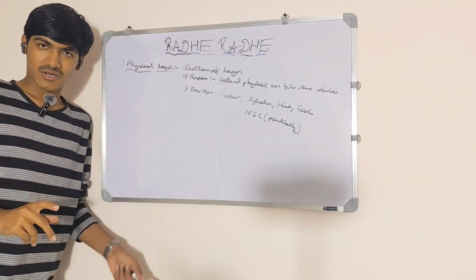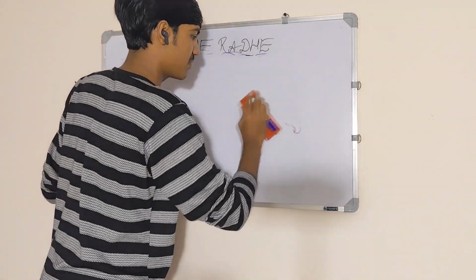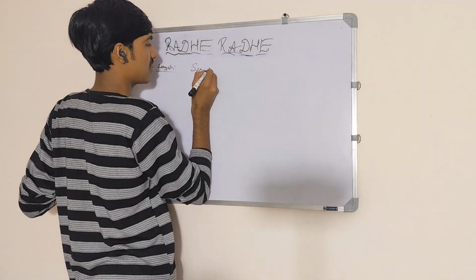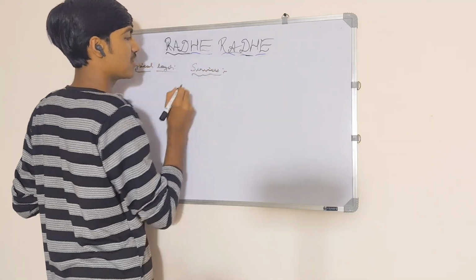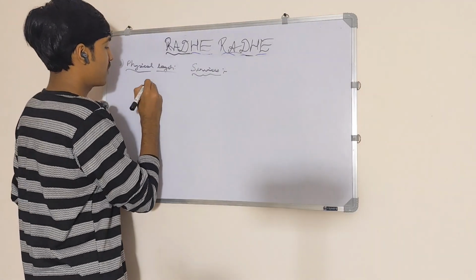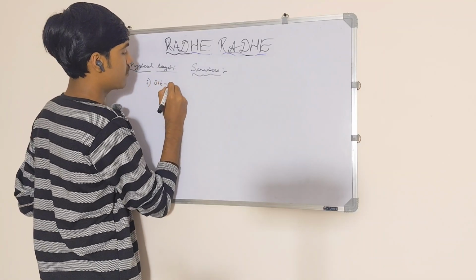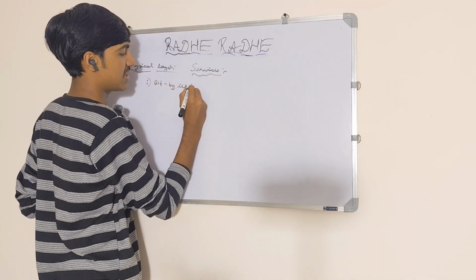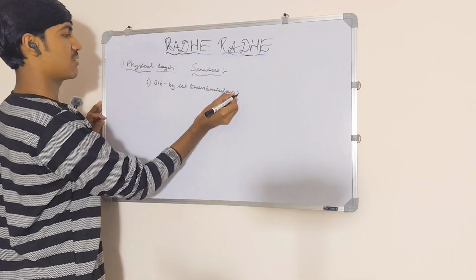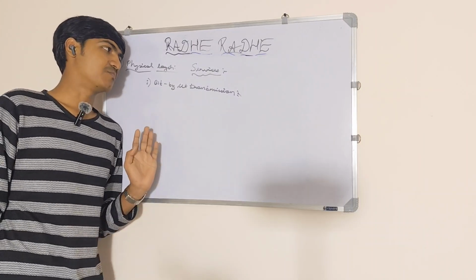Now, let's start with the services of the physical layer. What's the first service? Basic bit by bit transmission.